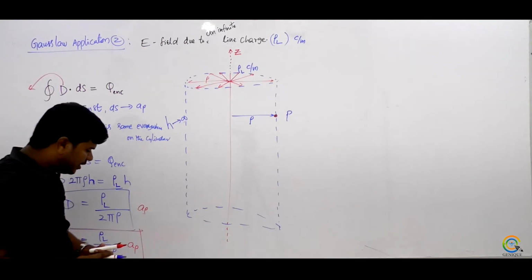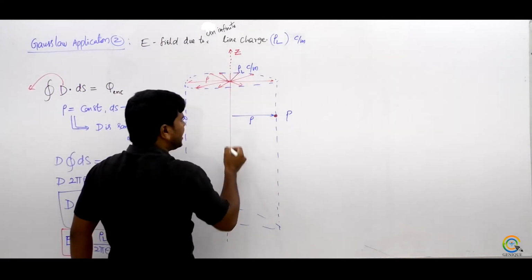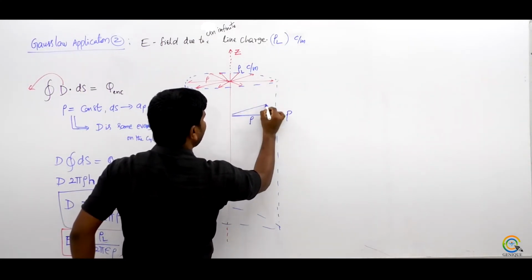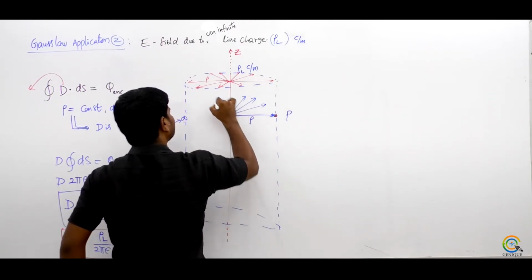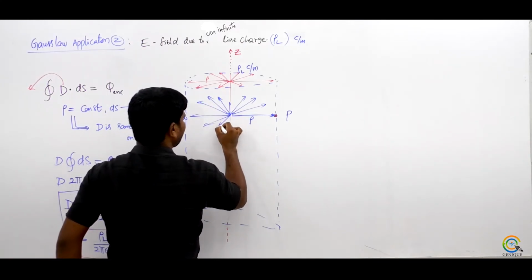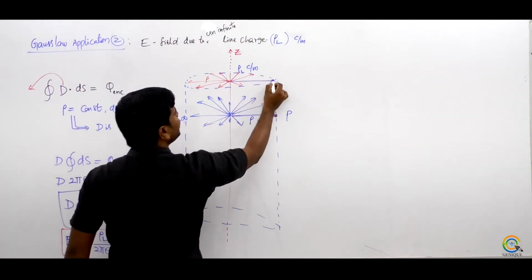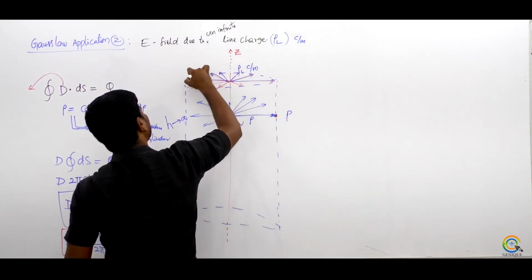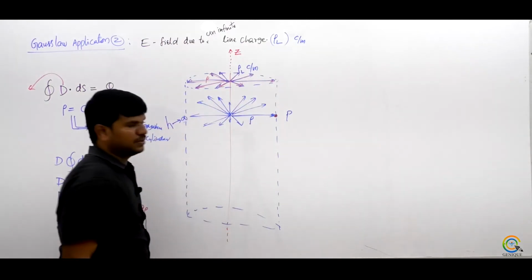Then how will the electric field be? The electric field will be in the arrow direction. So if this is a line charge, the electric field will be in this direction everywhere.